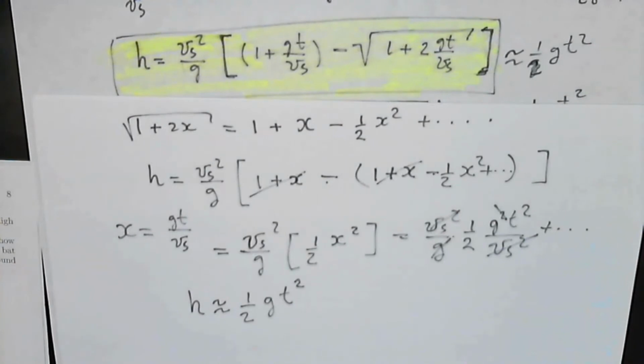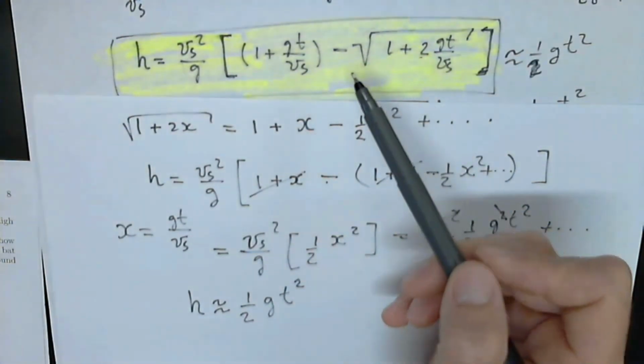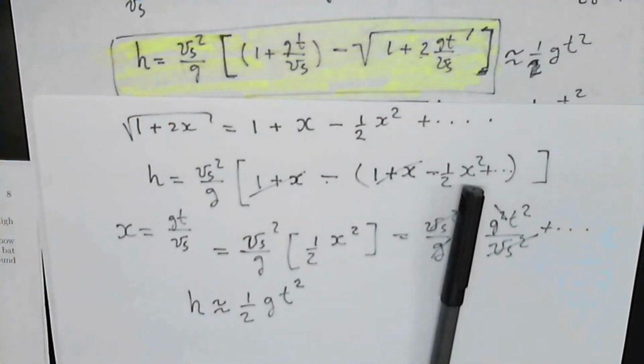Now let's do the first correction, and this is interesting. If you want the first correction, the first term that has the speed of sound, you need to Taylor expand this function up to the third derivative, and that's what I'm going to do next.